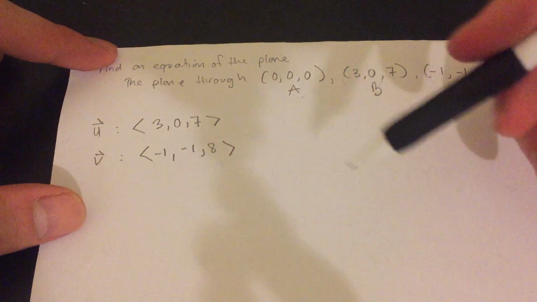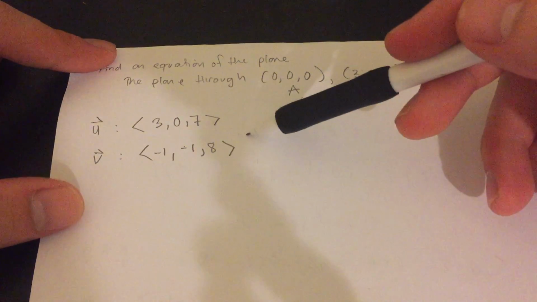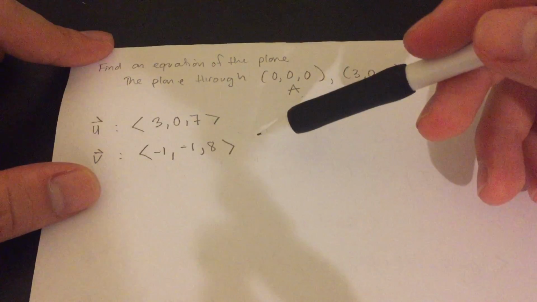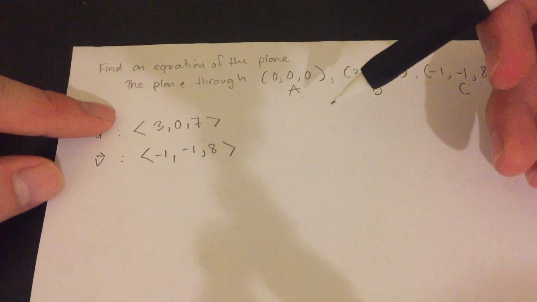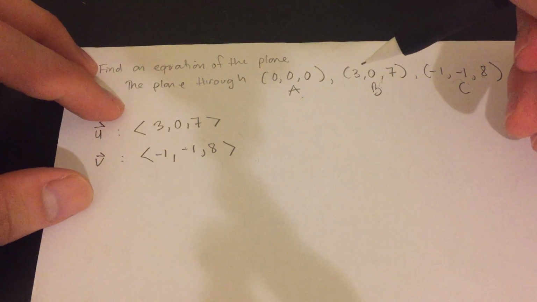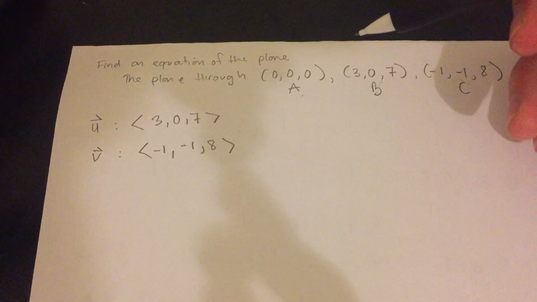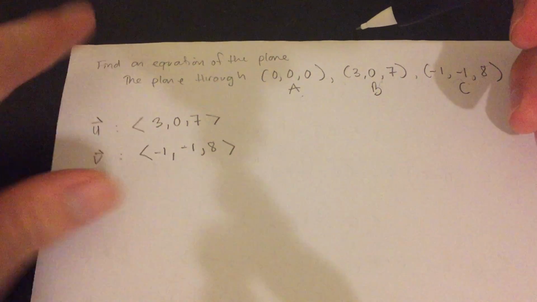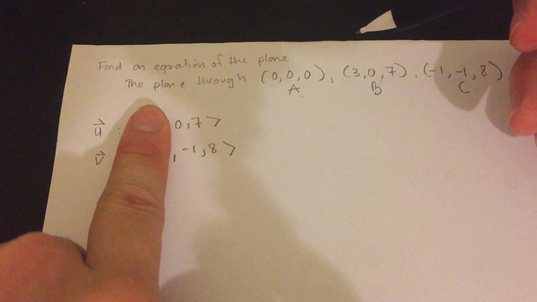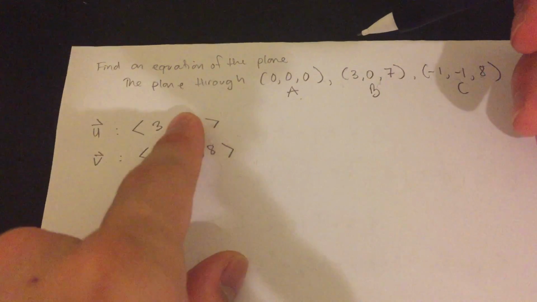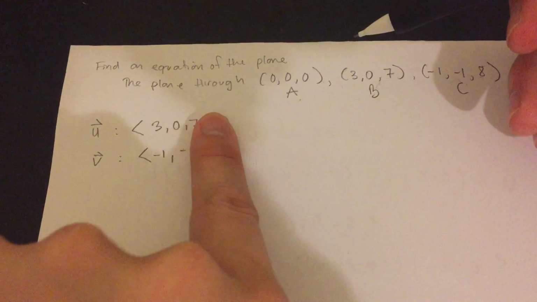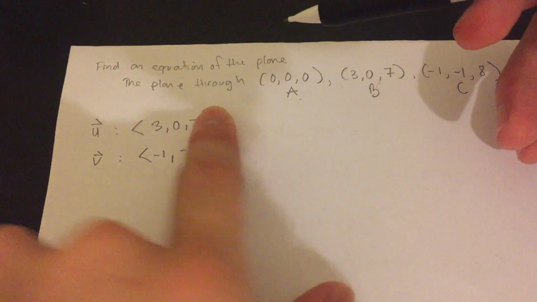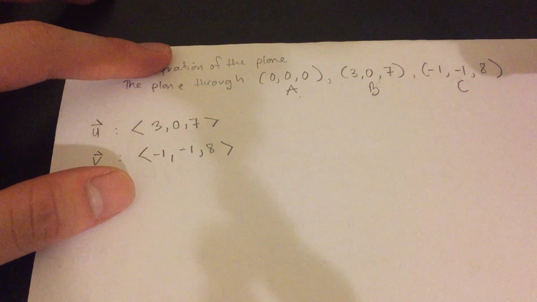Okay, now you have these two vectors. You can find a normal vector by finding the cross product. Recall that to find a cross product, you can do it many different ways. You can do it the matrix way, or what I do is cover up the i component, the j component, and the k component, and just cross multiply and then subtract one from another.